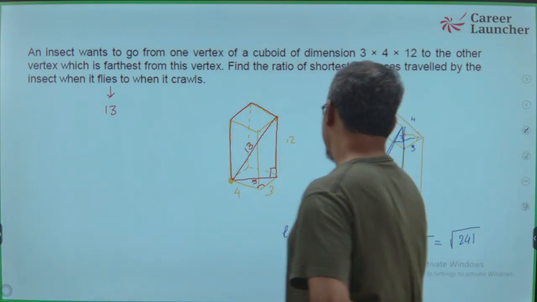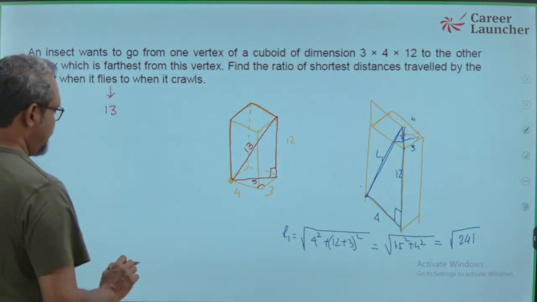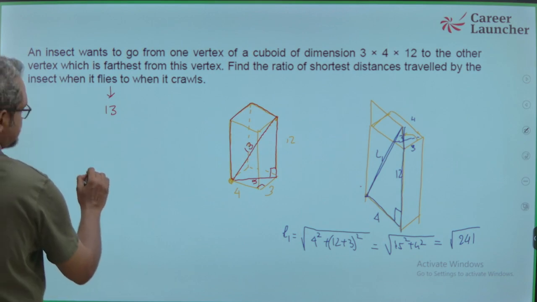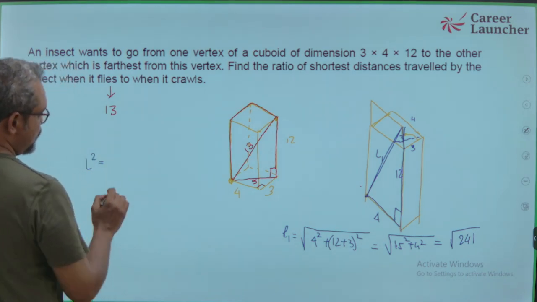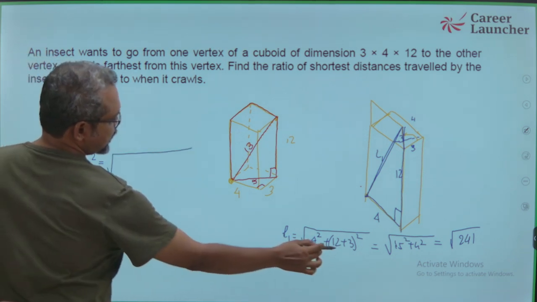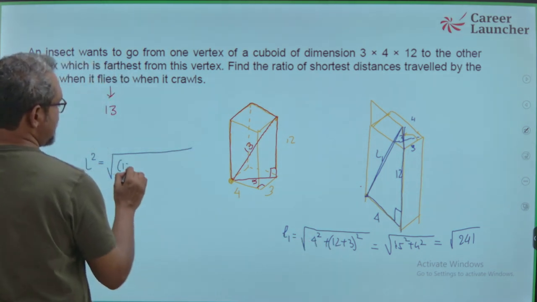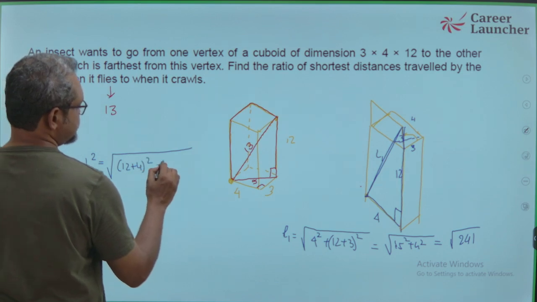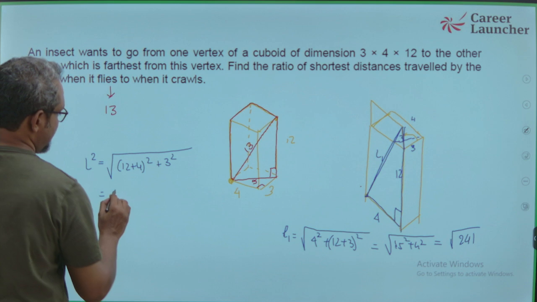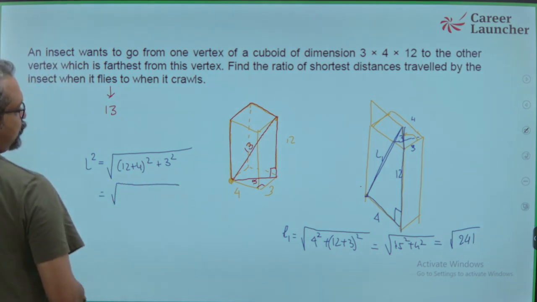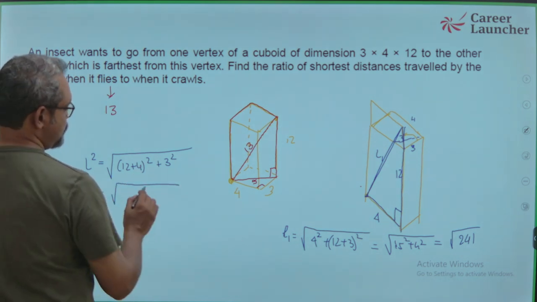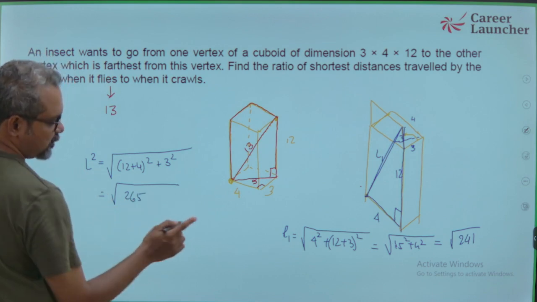Just like L1, we can do L2. L2 would be, we club 12 and 3, so this time we club 12 and 4, and that would be 16 squared, 256, plus 9, so that is 265. That actually becomes even longer.